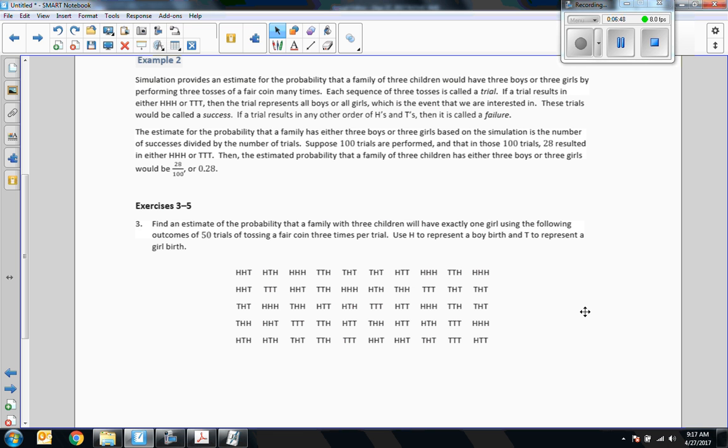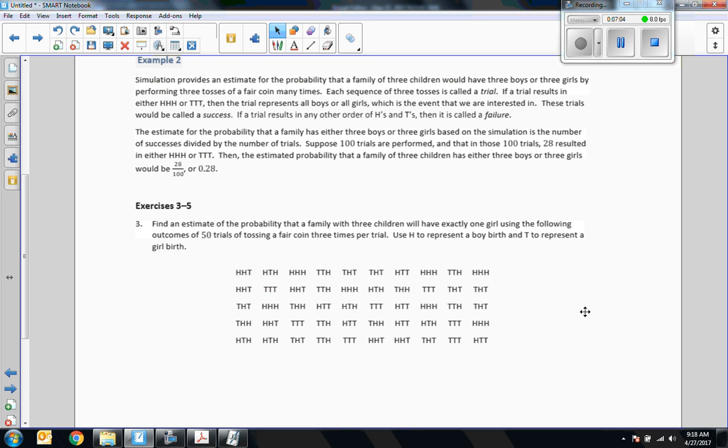Number 3 says, find an estimate of the probability that a family with 3 children will have exactly 1 girl, using the following outcome of 50 trials of tossing a fair coin 3 times per trial. Use H to represent boy and T to represent girl.